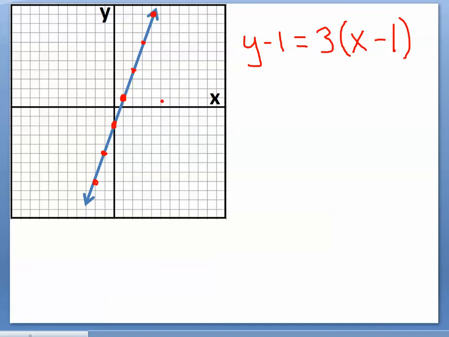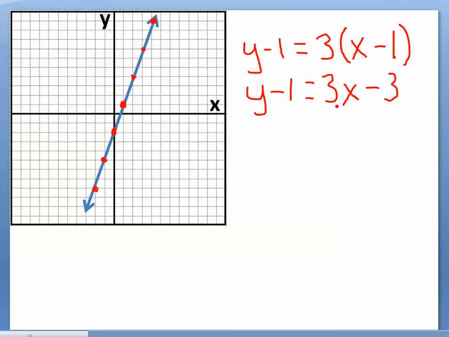Well, turns out there's the line that we need. And all I'm going to do is just solve for y. So I'm going to first distribute my 3. So 3x is just 3x, and 3 times minus 1 is minus 3. So I wind up with y minus 1 equals 3x minus 3.